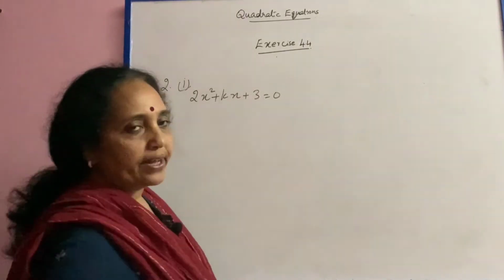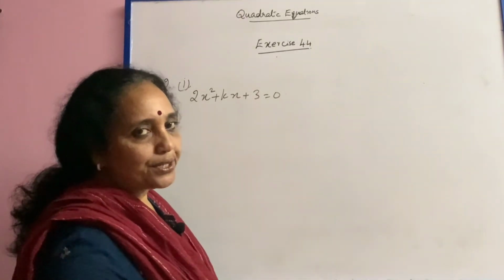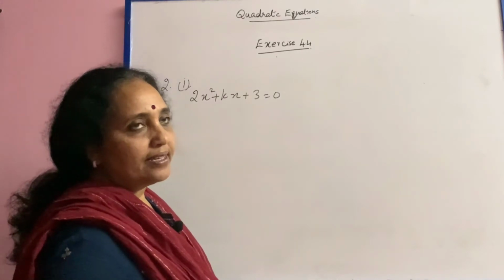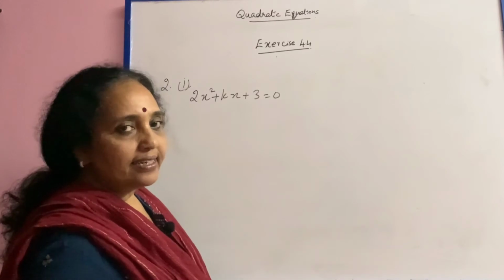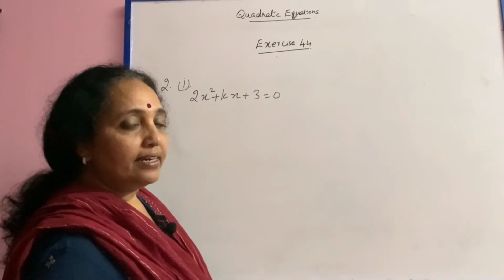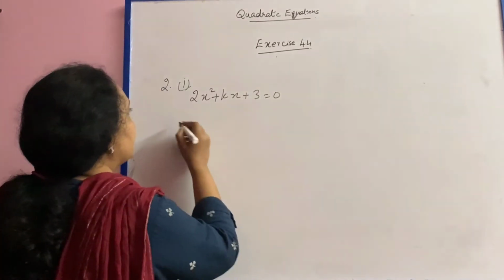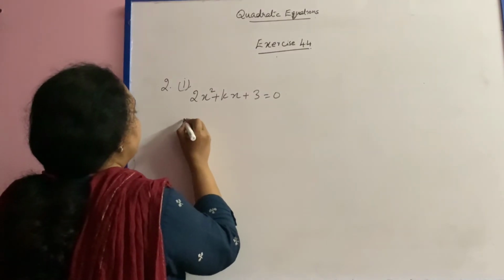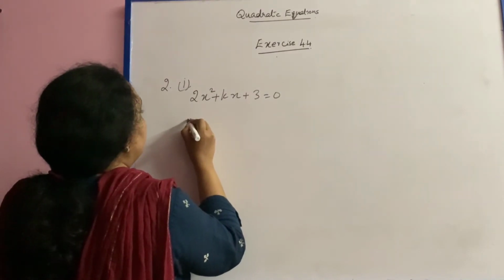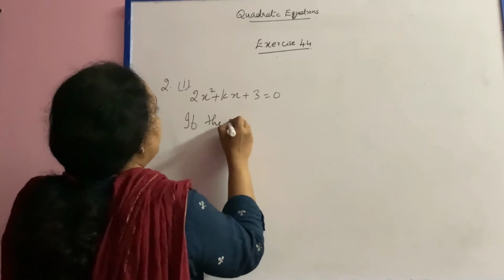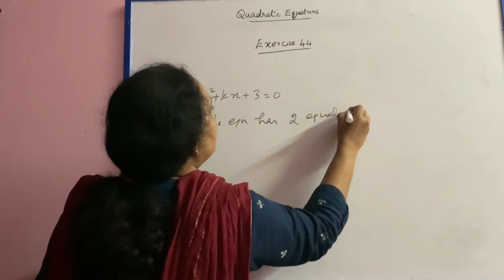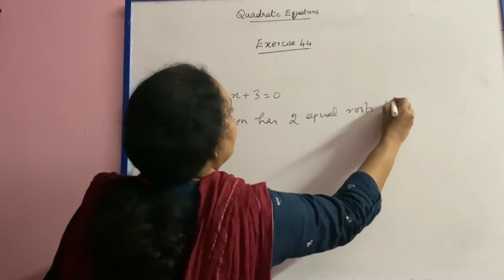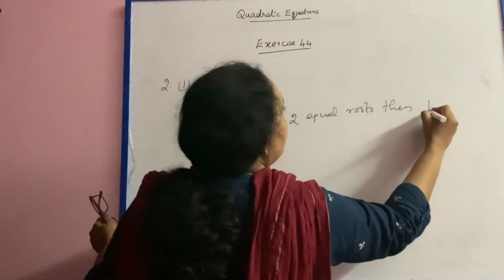Question number 2. Find the value of k if the equation has two equal roots. We know that if the equation has two equal roots, then the discriminant D is equal to 0.